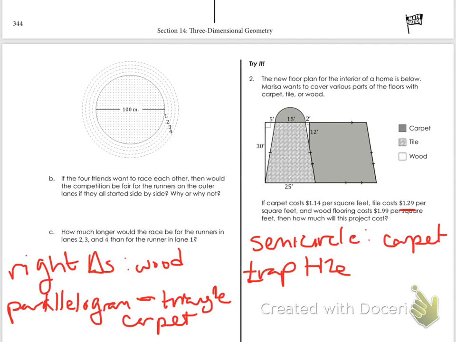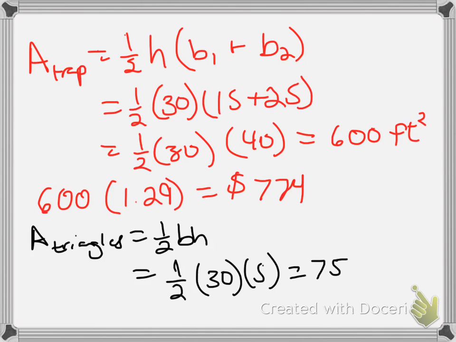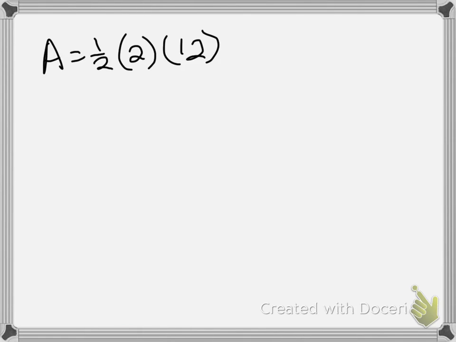For the second triangle, we've got a base of 12 and a height of 2. 1/2 of 2 times 12 is going to be 12.